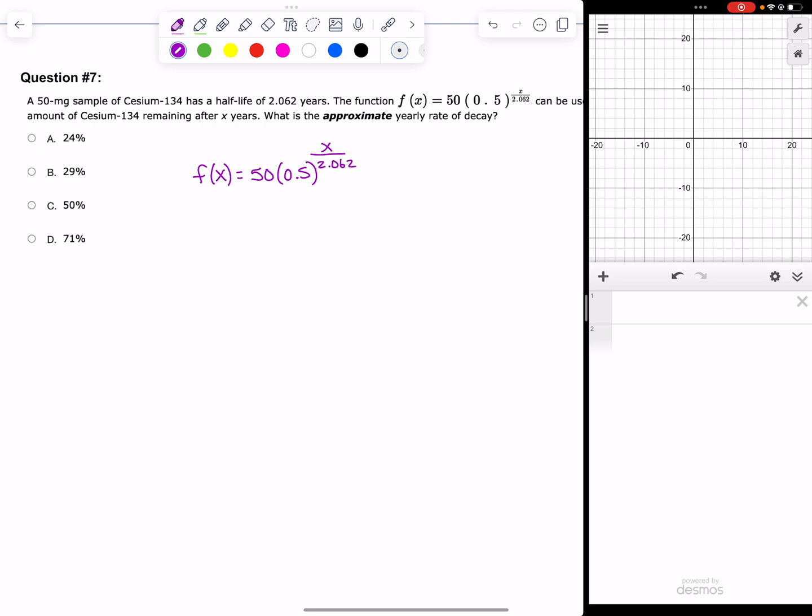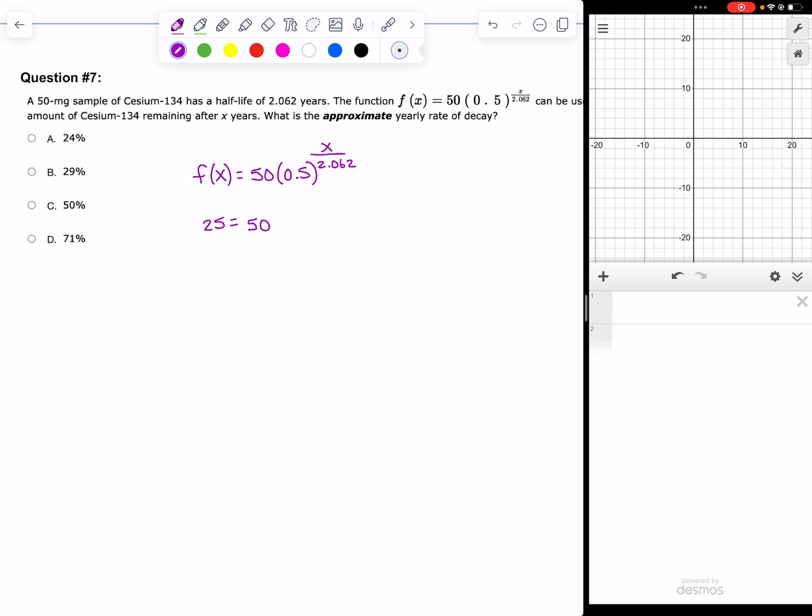Okay, but they want the approximate yearly rate of decay. So what we need to figure out is that after this amount of half-life, it'll divide in half. So what I decided was 25 would be my final amount.